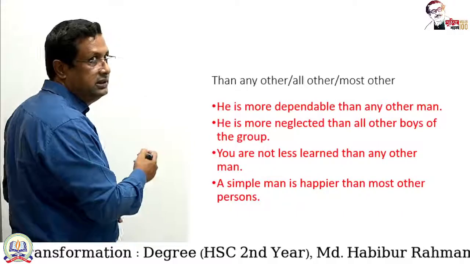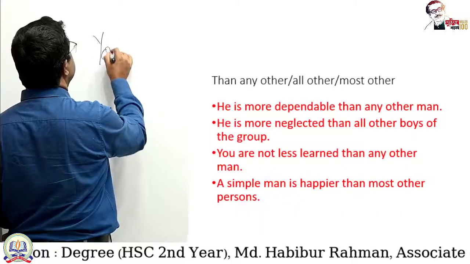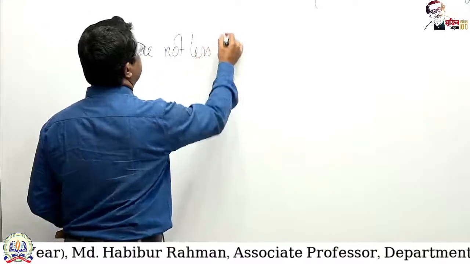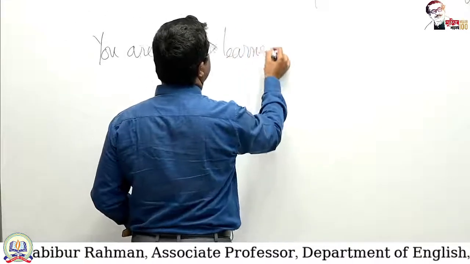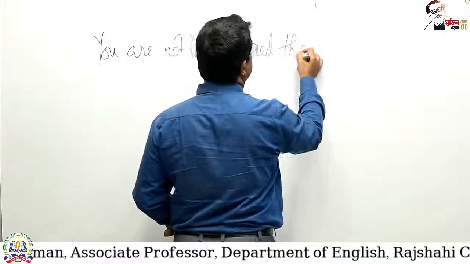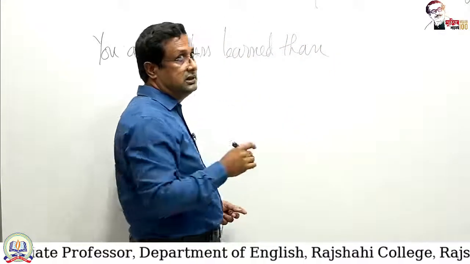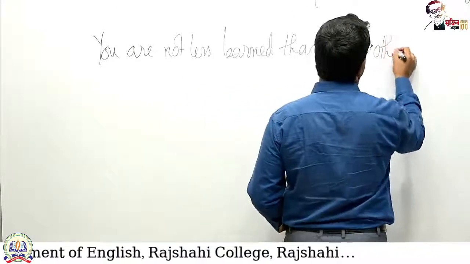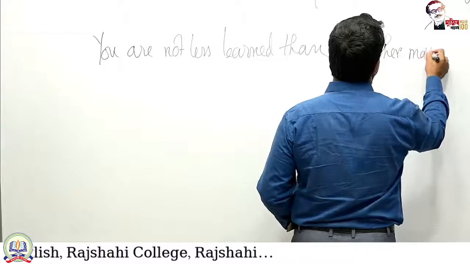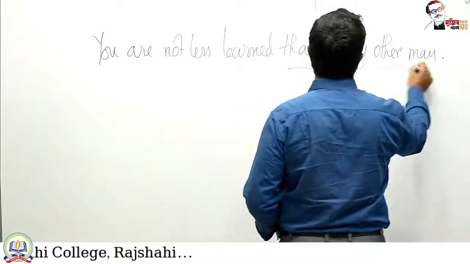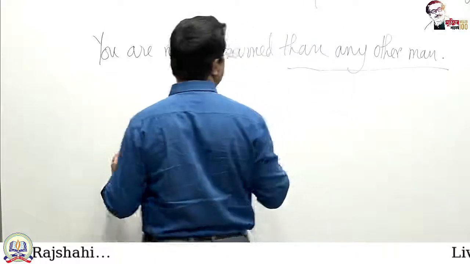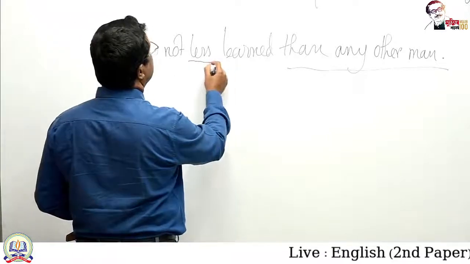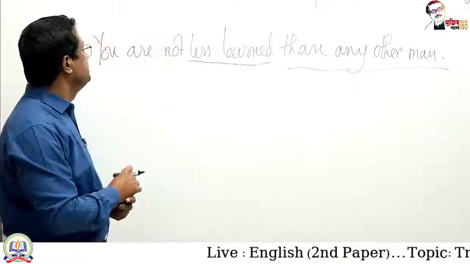Suppose a sentence, you are not less learned than any other man. Then any other, we know, will be changed into no other man. That is different. But here you see less learned.